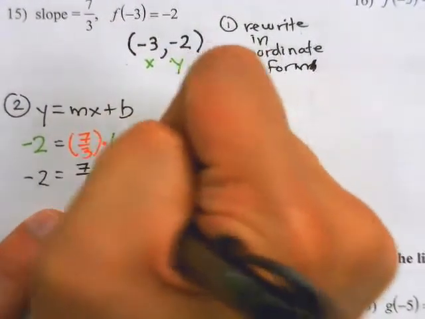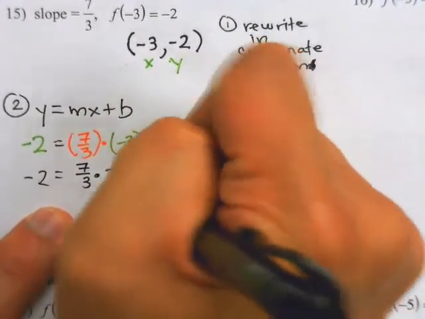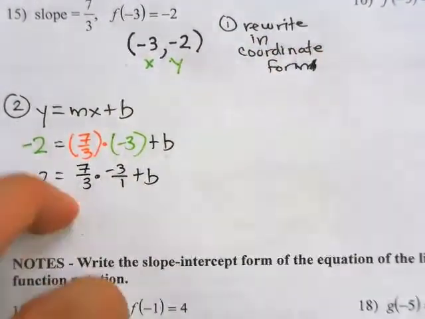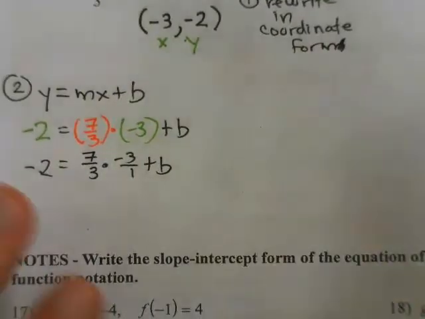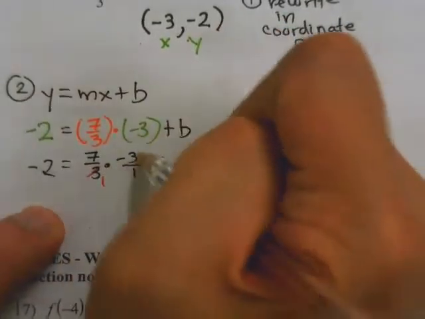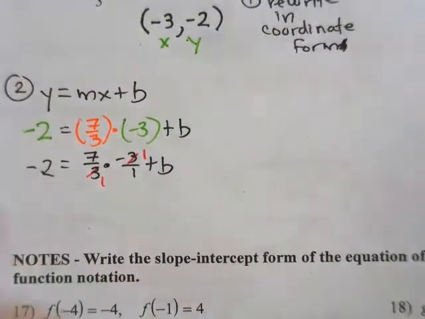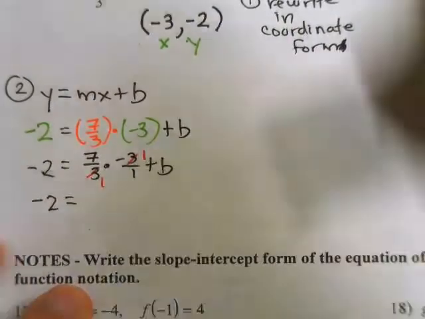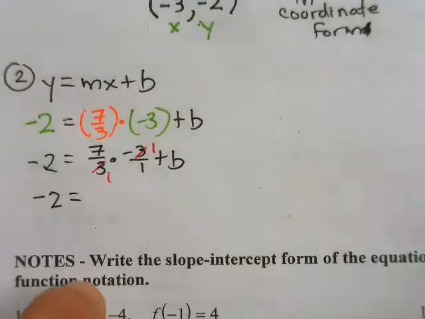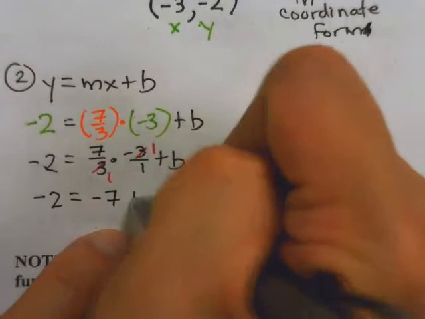All right. I will do this by hand. So this is -3/1 plus b. Cross off 1. Cross off 1. -2 is equal to, well, 7 times -1 is going to be -7 plus b.